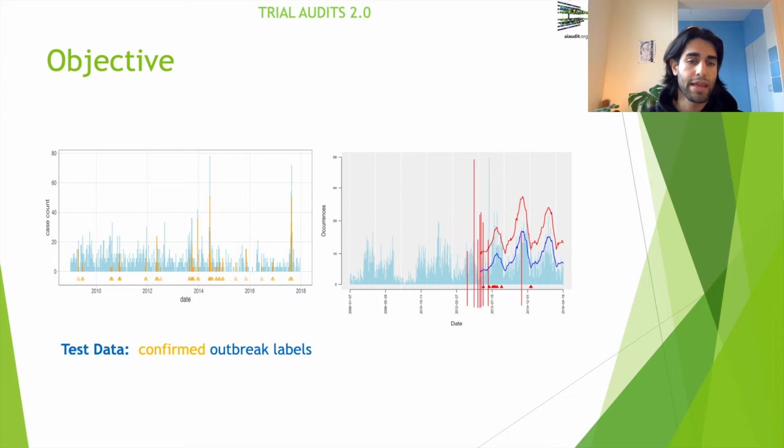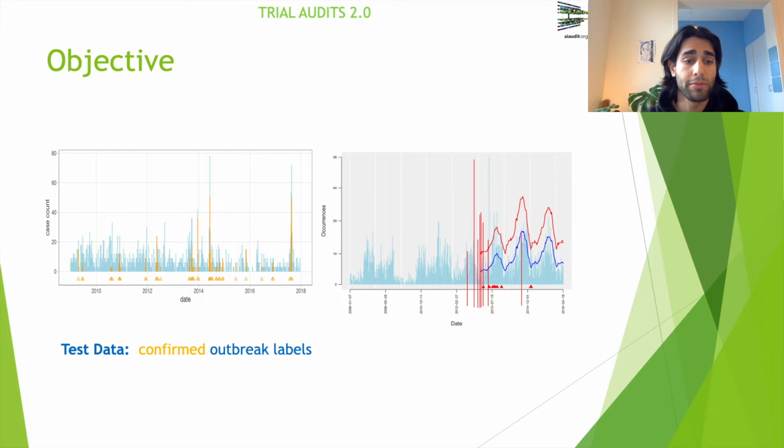What we could then do is take a machine learning model, run it on past data, validate it on some present data, and see how good our algorithm is able to learn the problem of outbreak detection. So a simple train test split, and we are good to go.